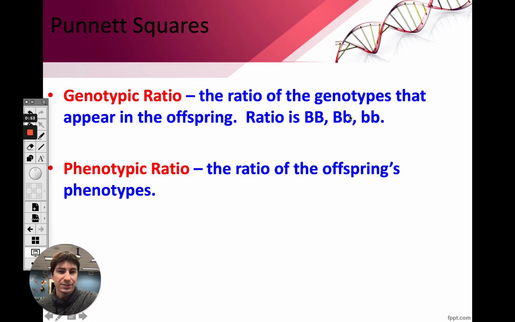I used B here as an example. Big B, big B, that's homozygous dominant, so that's one genotype. Our middle one, we had one of each allele, a dominant and a recessive one. We called that heterozygous. And lastly, we had our little b, little b, which was our homozygous recessive. Those are the three genotypes we can have.